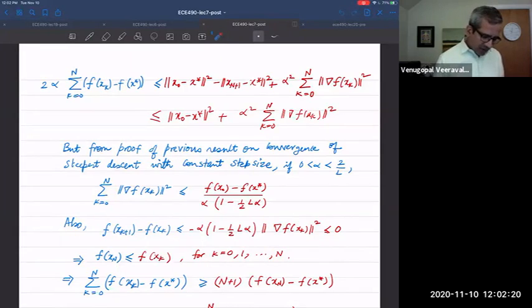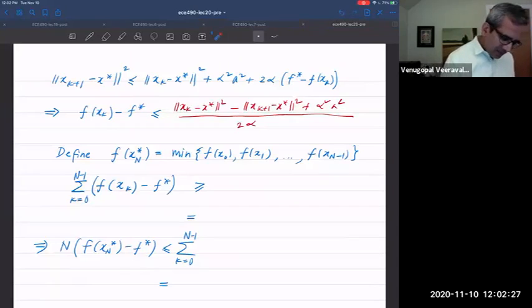So instead of using something like this in today's proof, what we're going to do is define a quantity which is the minimum of all the f values that I've seen up to this point. One of these x's will correspond to that minimum, and I'll call that xn star.